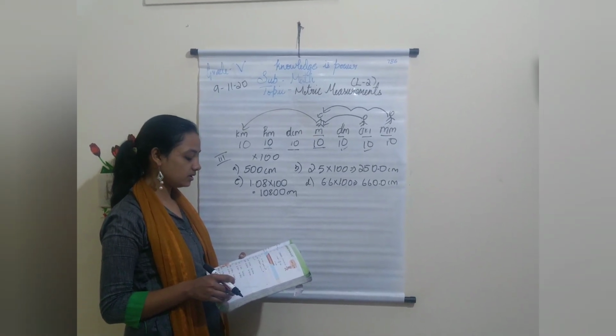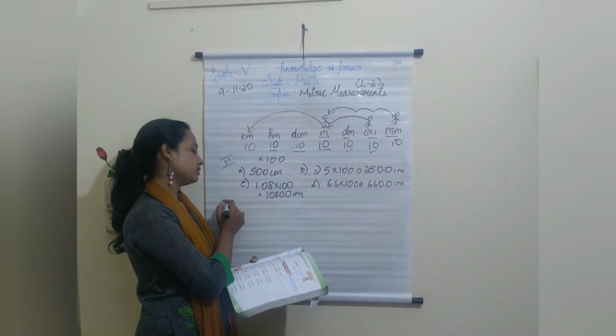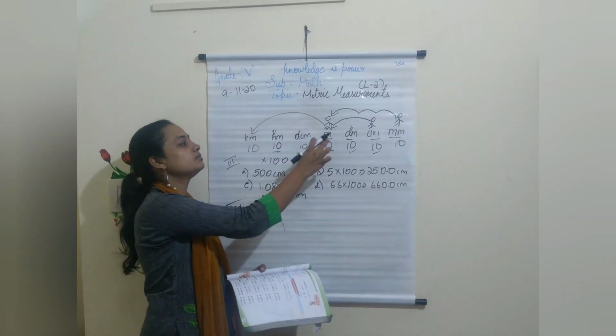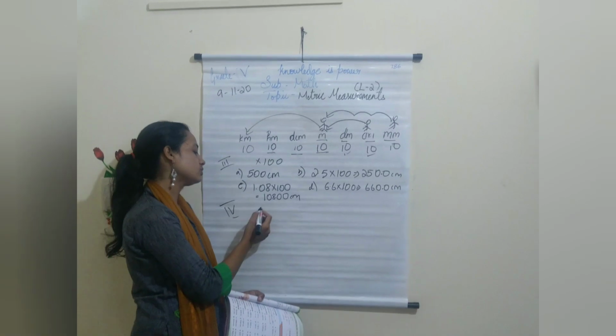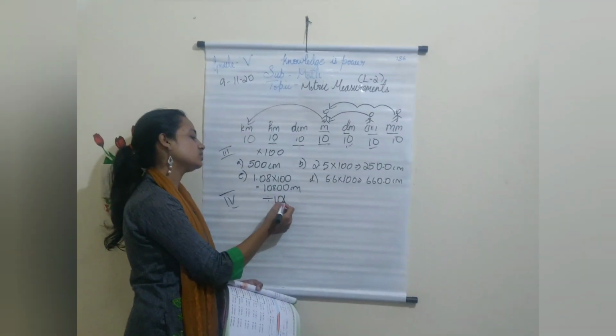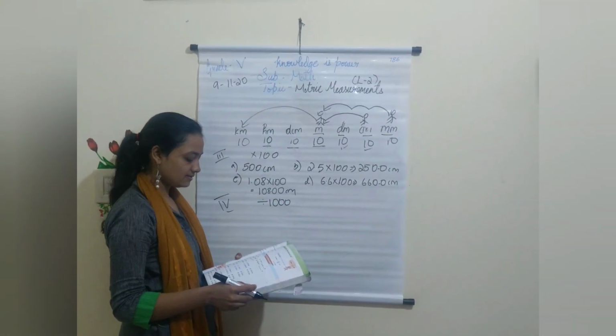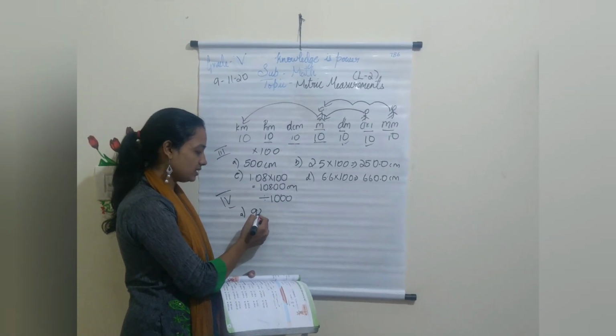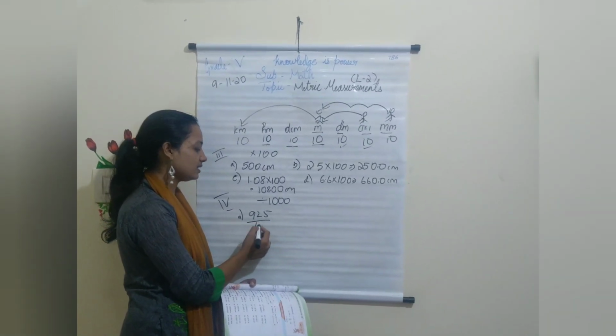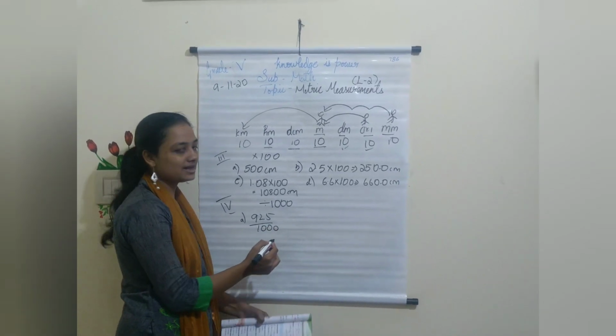You have to convert from meters to kilometers. So you are coming back. So you have to divide by 1000. So let's divide by 1000. First one, 925 divided by 1000. So what is the answer you get?